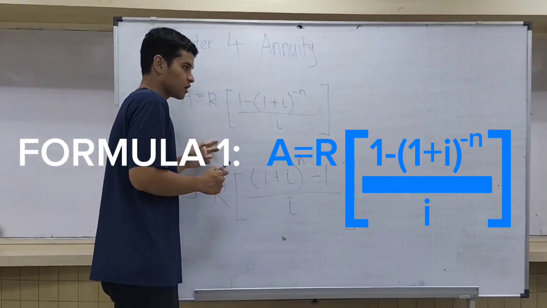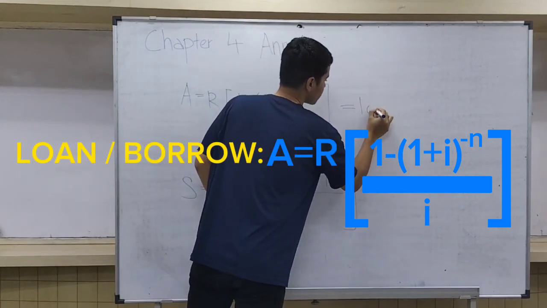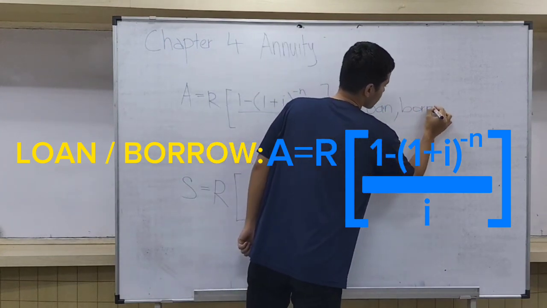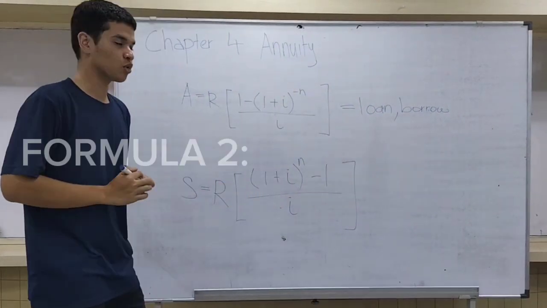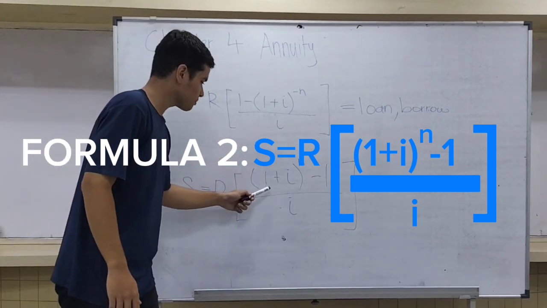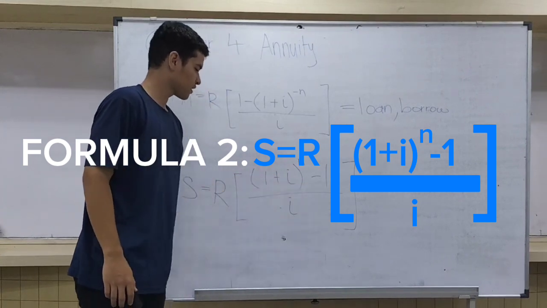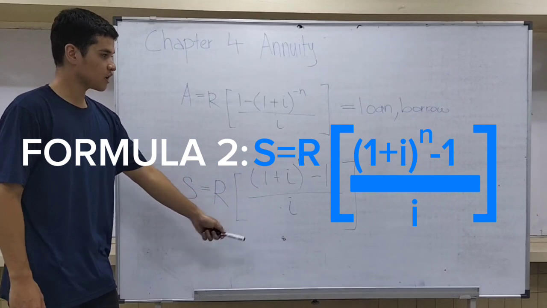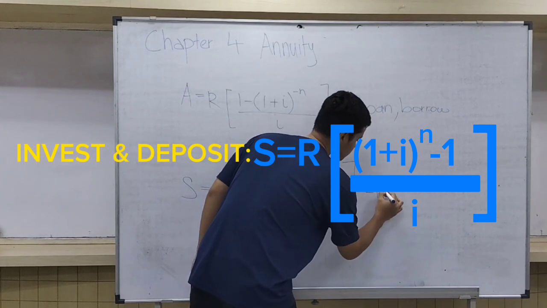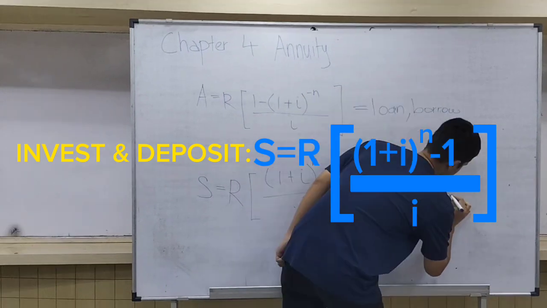We use the formula when the question is talking about loan or borrow. The next formula is S equal to R[(1 + i)^n - 1] per i. We use this formula when the question is talking about invest and deposit.